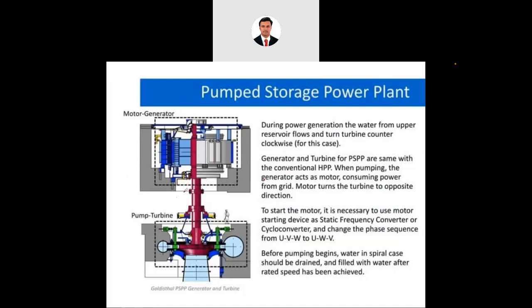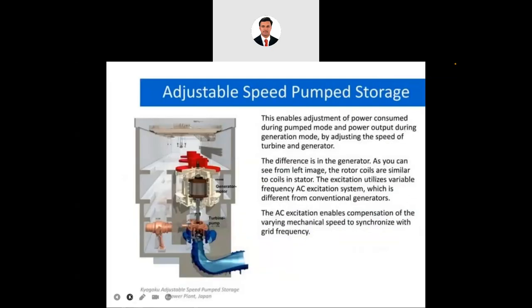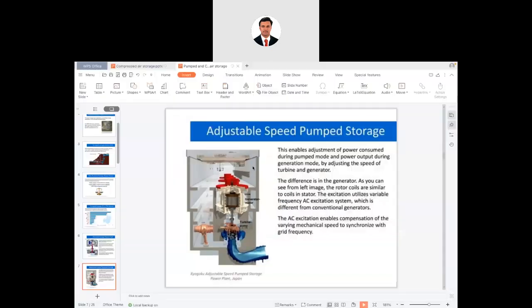With adjustable speed pumped storage, we can adjust the speed of the pump. I will show you one video of this pumped storage power plant so you will understand its actual working.